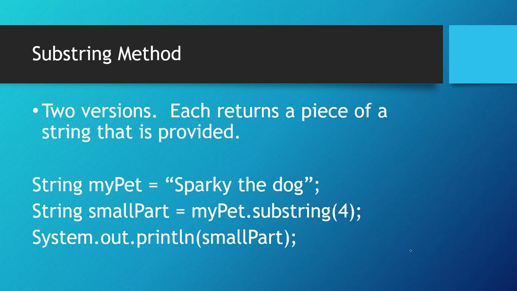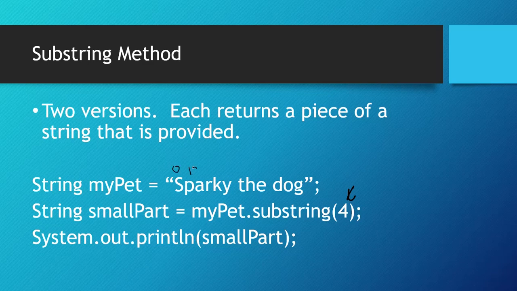Now, there is a second version of substring that looks a little different. So again, I got Sparky the dog, myPet.substring(4). Notice, only one number. When you only have a single number, this is saying where to start and you're going to go to the end.